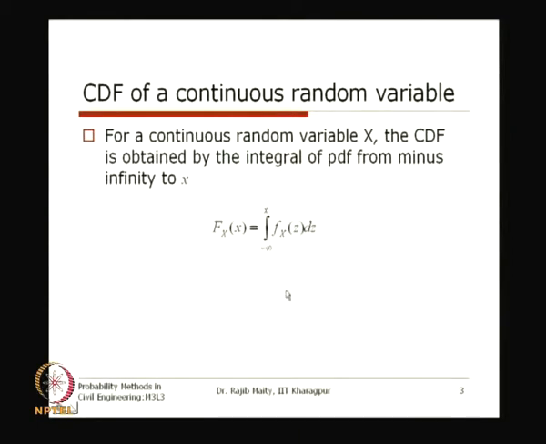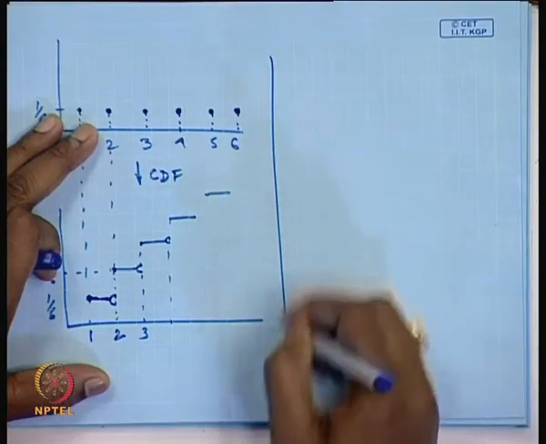Similarly, let us see the CDF for a continuous random variable, where we know that the probability density function, which we discussed in the last class, has a continuous distribution over the entire support of x. If we want to know the value of the CDF at a particular value x, that means F(x), we have to see the total value up to that point.